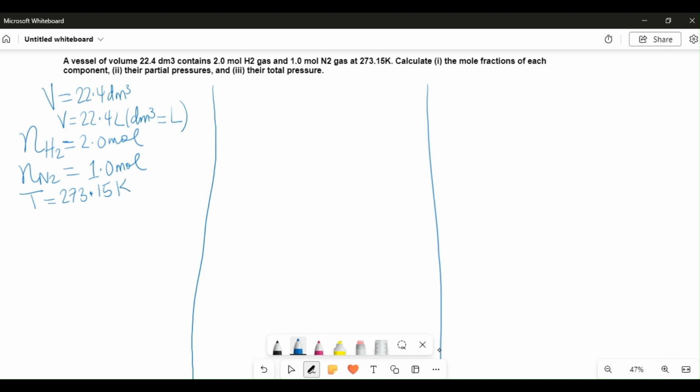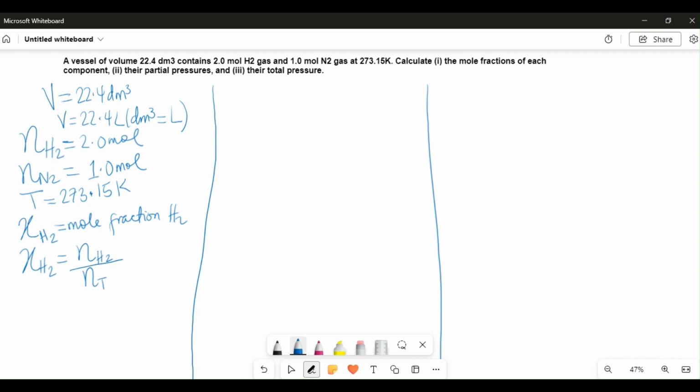So what they're just trying to say is the mole fraction of each one of the gases, both the N2 gas and the H2 gas. The formula is the cursive X of, say, the H2 gas, which is just basically the mole fraction of H2. It is going to be the number of moles of H2 gas in the mixture divided by the total number of moles of the mixture.